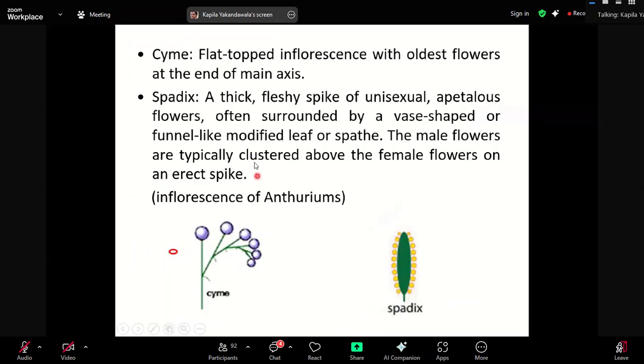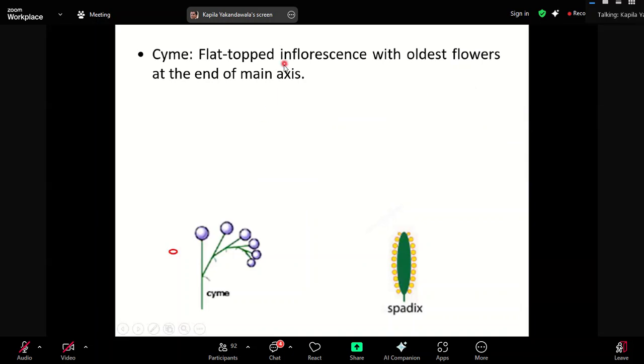Right. Next two groups, cyme and spadix. What is cyme? Flat-topped inflorescence with oldest flowers at the end of the main axis. So it is going to happen like this. This is the main axis.